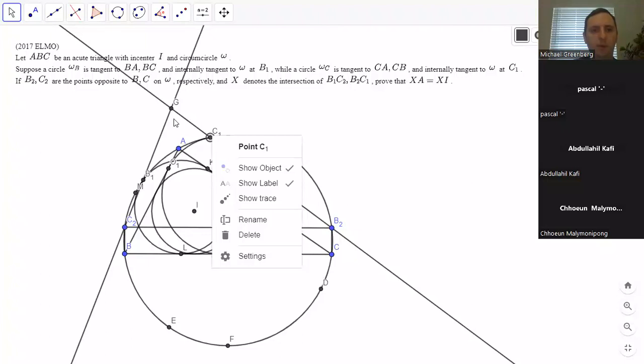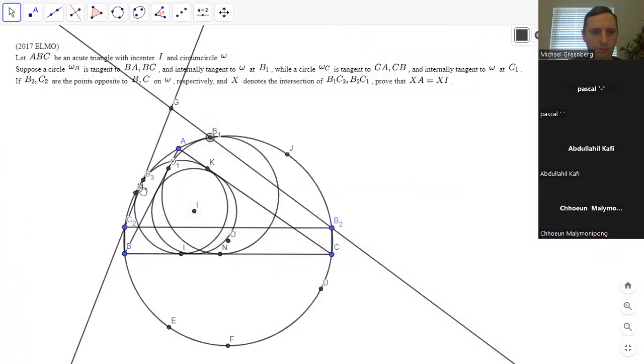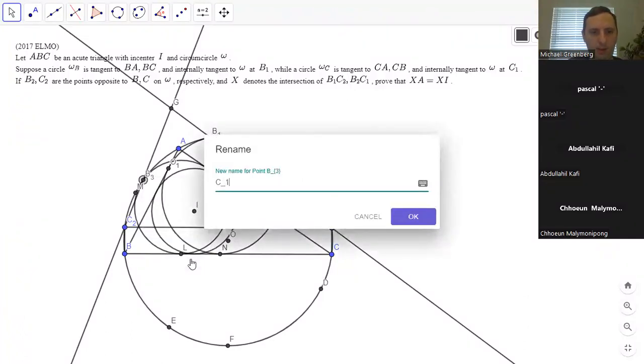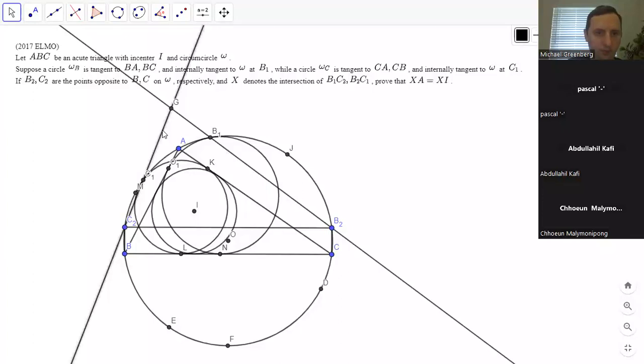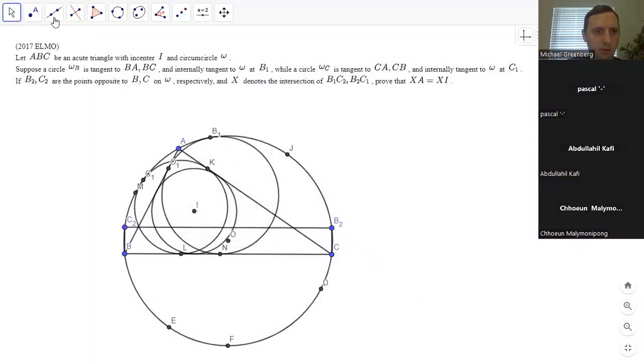This should really be B1. And this should be C1. And I should kind of intersect internally. So, okay, B1, C2, B2, C1.